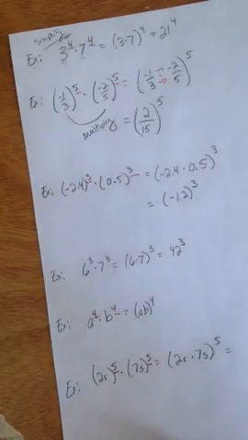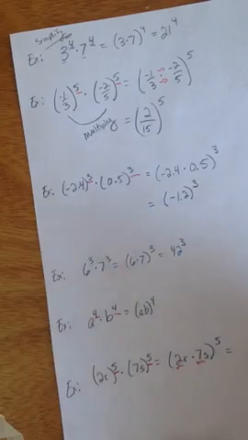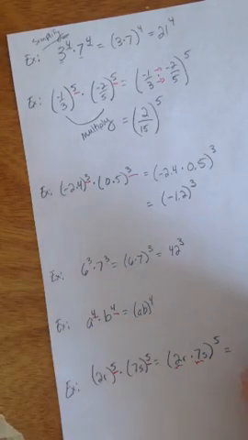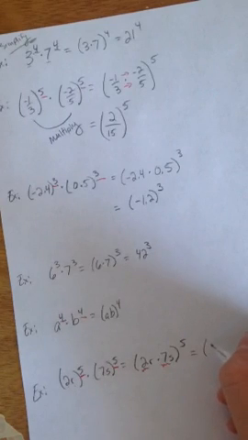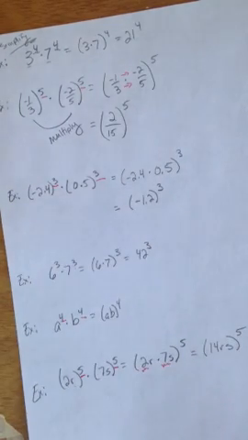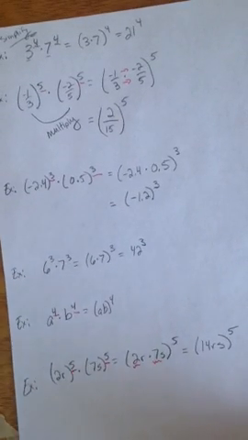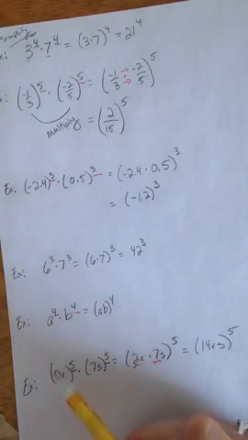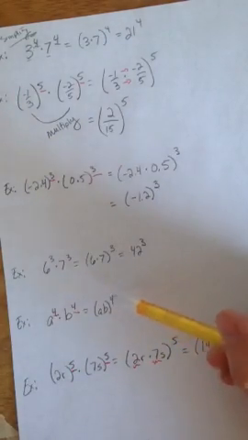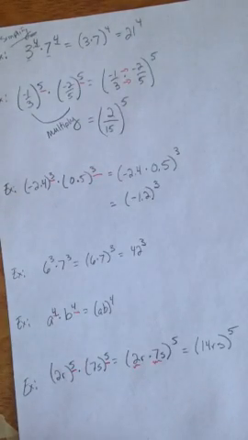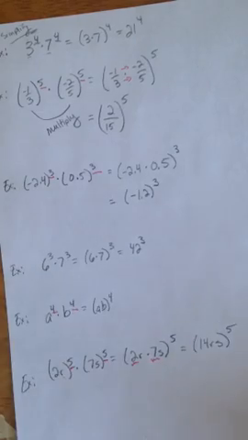Now on the inside, I can combine this 2 and the 7, because I know that 2 times 7 is 14. So I would have 14. The r and s just come along for the ride, and the 5 just comes along. So this is how I combine multiple things together. This is the product and power property together. Notice how the inside was our product, and then we have power over here. So this is how we're combining these different exponential properties.